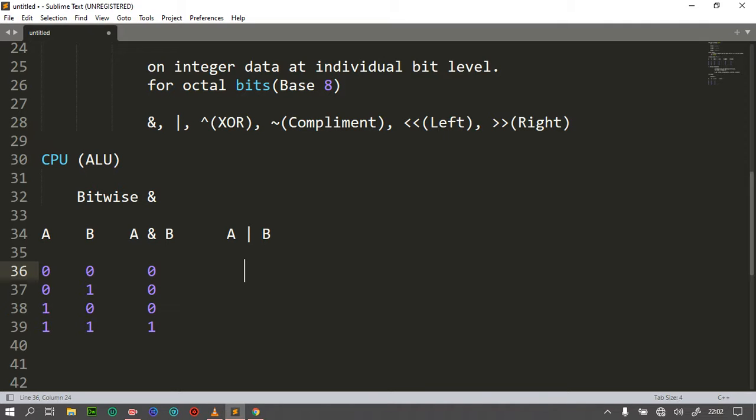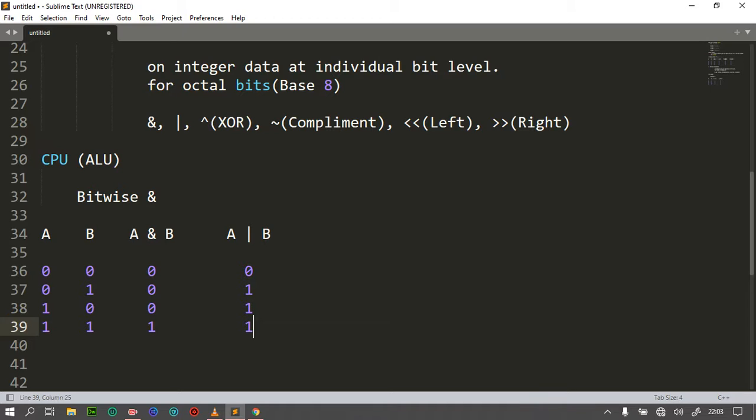It is only false when both are false, otherwise it is true. So definitely here we shall have a false, and here we shall have a true, and a true, just like the way we had it in the previous truth table for the logical operators. And here we shall have a true. Are we together?